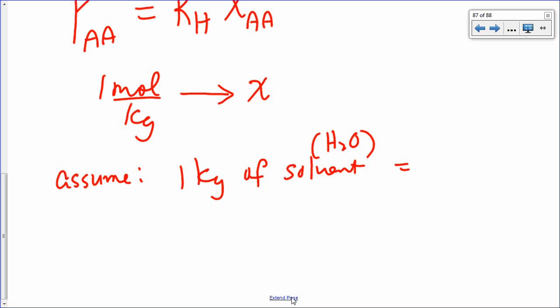Okay. So how many moles of acetic acid would you have? If it's 1 molal, 1 mole of acetic acid. How many moles of water would you have?